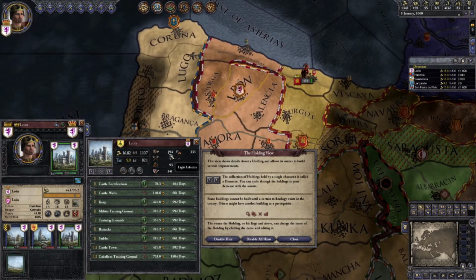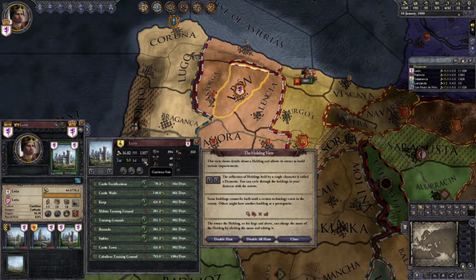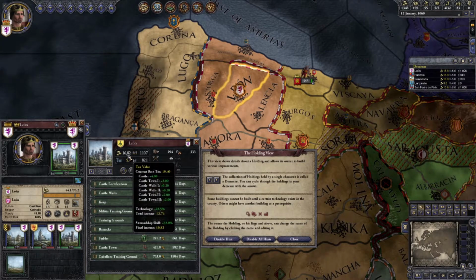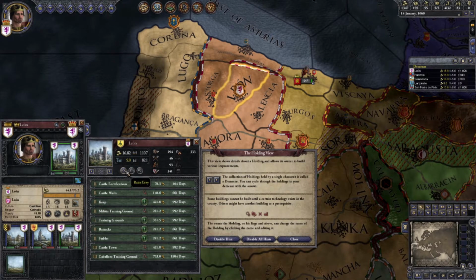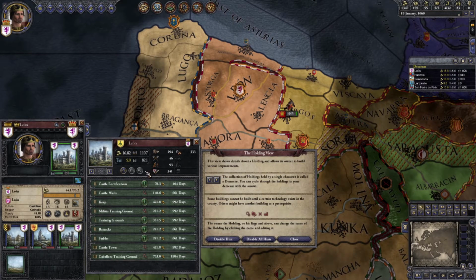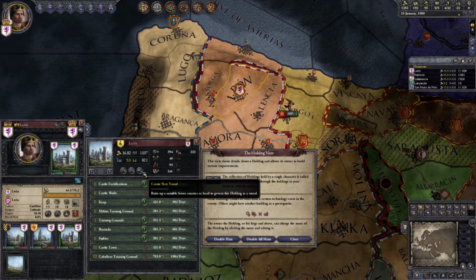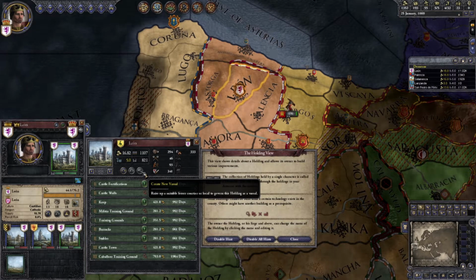Alright. So, we've got some light infantry, we've got all the stats of the military stuff here, the levy, the garrison size, the fort level, the tax value. And raise the levy if we had ships, or if it was not our capital, we could like create a new vassal, raise up a suitable lesser courtier or local to govern the holding as a vassal. That's cool.